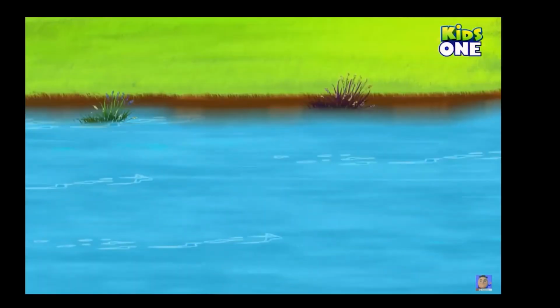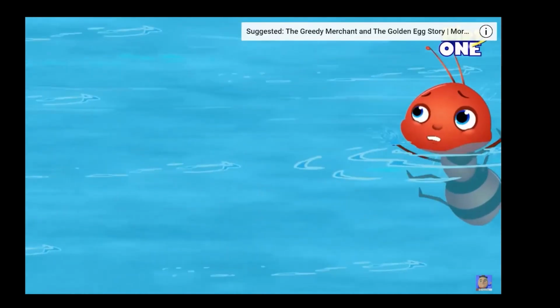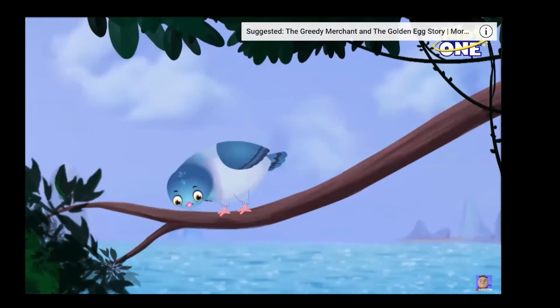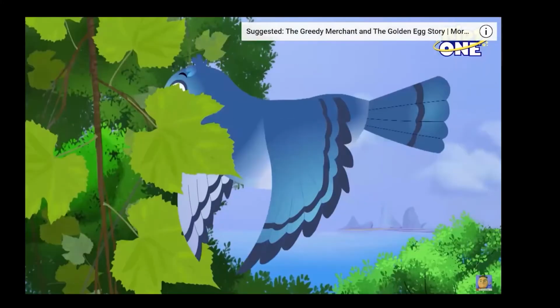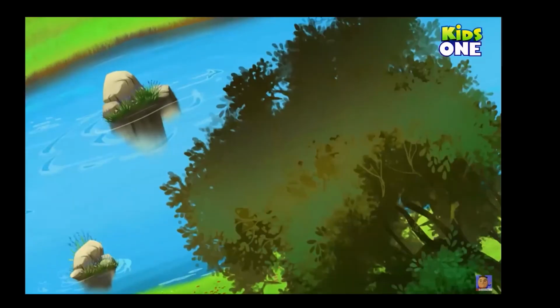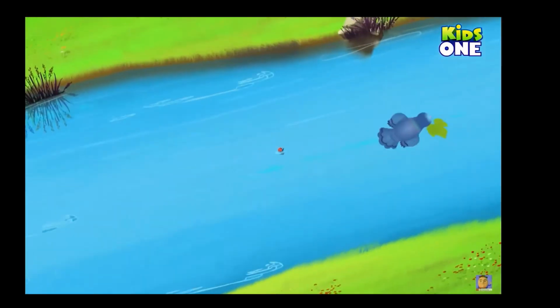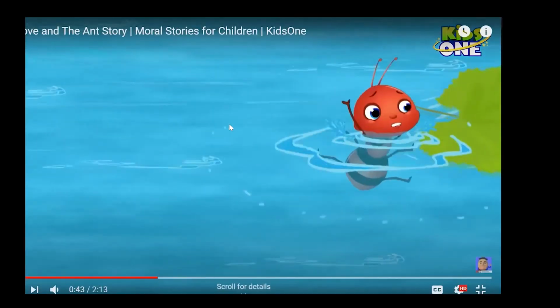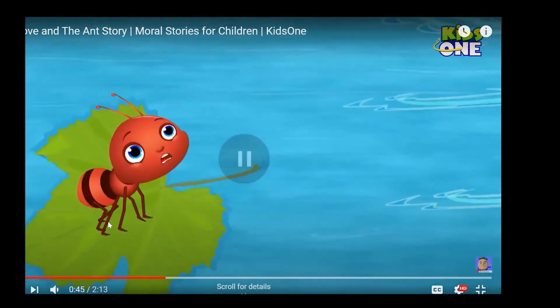Just see that. So this is the story of this ant and dove.